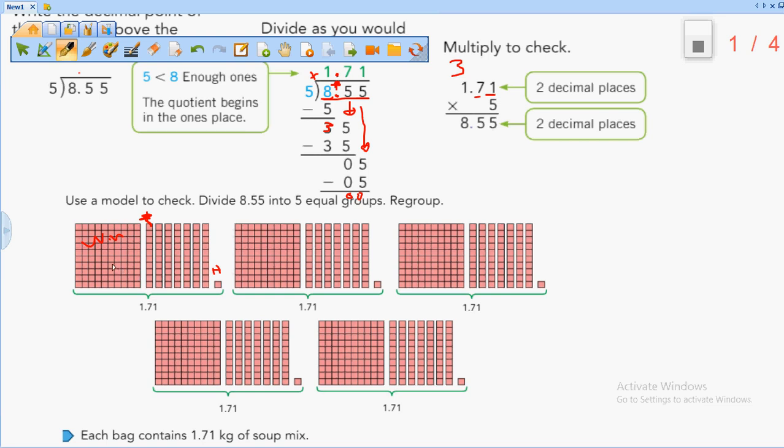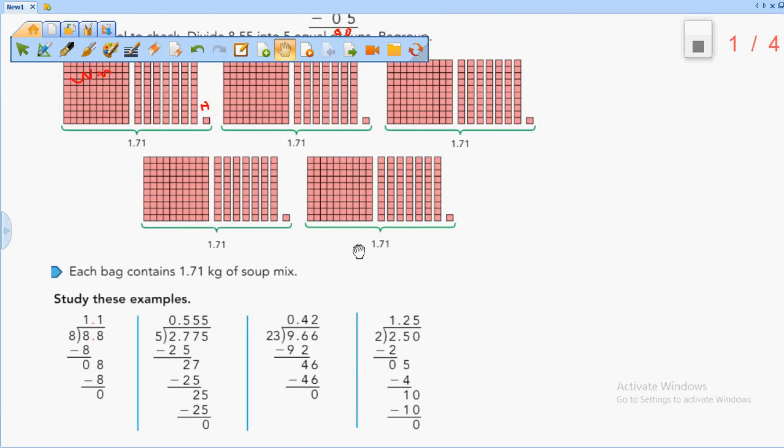I have only one group of 100 blocks. And 1, 2, 3, 4, 5, 6, 7 tenths and 1 hundredth. So 1 and 71 hundredths. Okay, boys? So each bag contains 1 kilogram and 71 hundredths of soup mix.